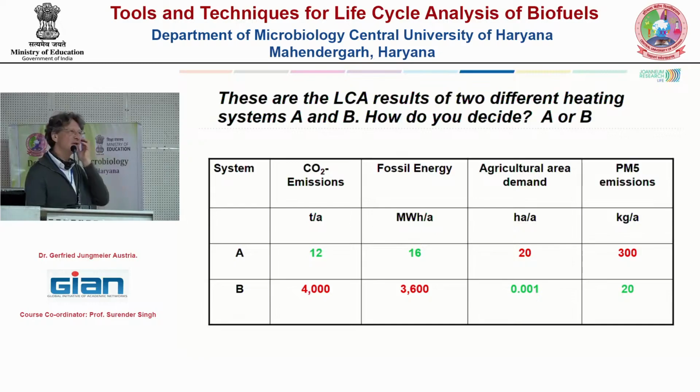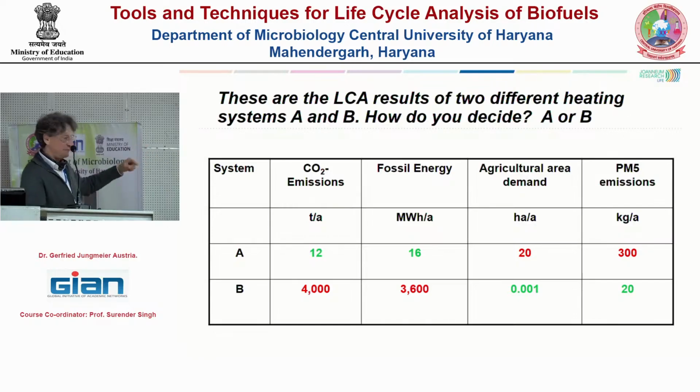If I'm in an area like Graz, where we came from, we have a high air pollution problem because we're in a basin and the wind is not cleaning the city. There, you really have a problem if you add additional dust to the atmosphere. So maybe for a city like Graz, it might be better to choose system B with the lower particle emissions.